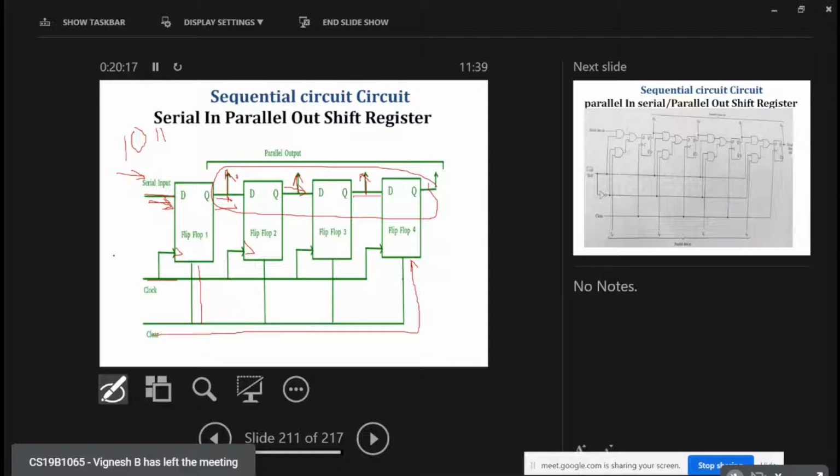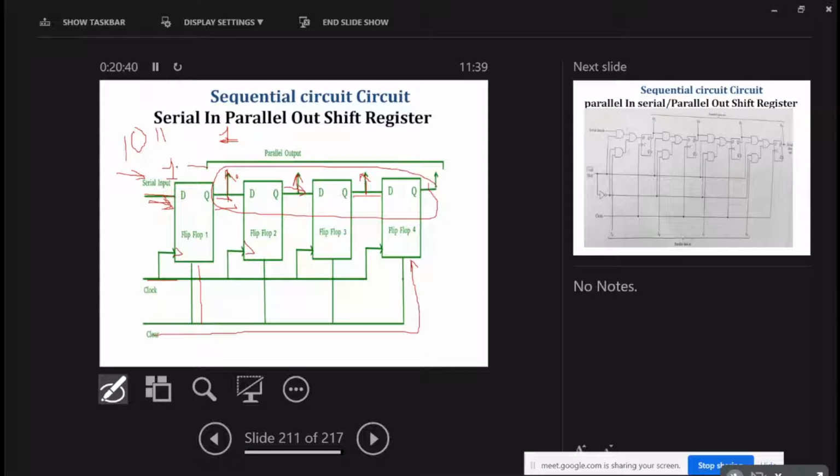When the first clock arrives and 1 is given at the first flip flop input terminal, at the first clock period this 1 is shifted to the output, and we get this 1 at the output of the first flip flop.